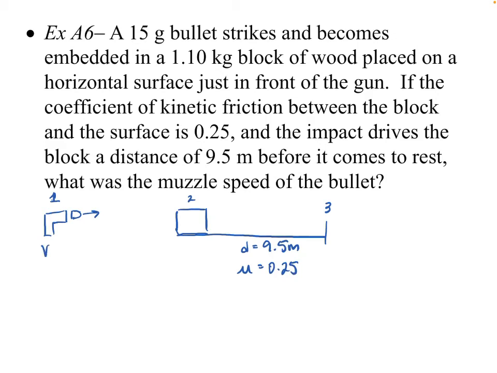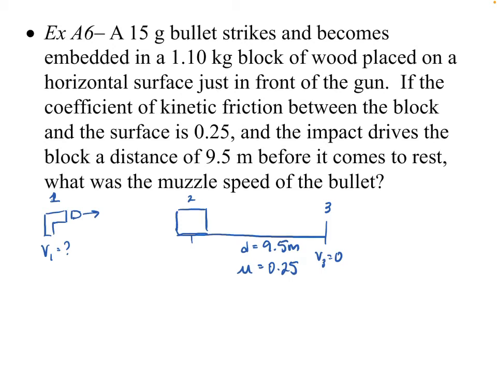Okay, so I want to know the velocity at this point. That's what I really want to know. I know the velocity at position 3 is 0, right? I know it comes to rest. And then I know the velocity of the bullet at position 2 is 0, but I don't know the velocity of the wood block at position 2, right?